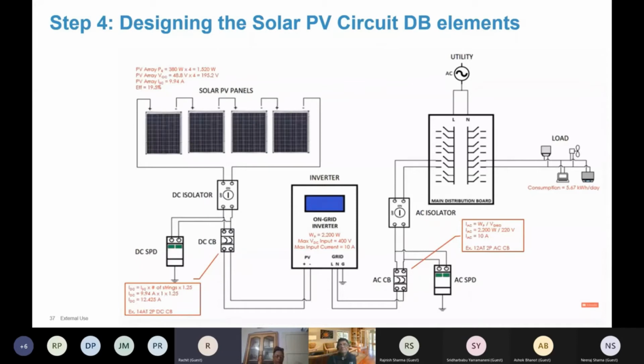Like most of the software, our software is AI based, so it automates everything. But the SLD portion is still in the manual phase. Then coming to the detailed designing phase, right now we provide you with a preliminary proposal.